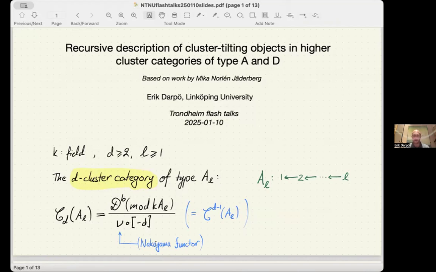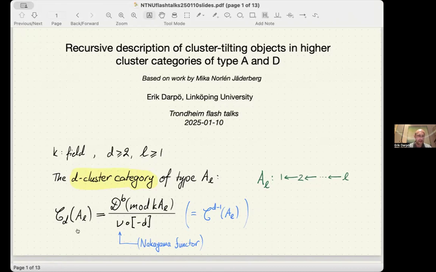So if you input d equal to 2 into this construction, you will get back the ordinary BMRRT cluster category of type A_l.